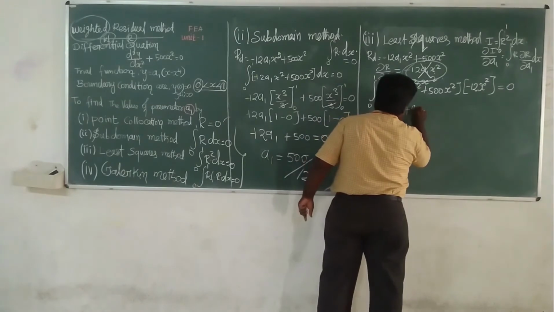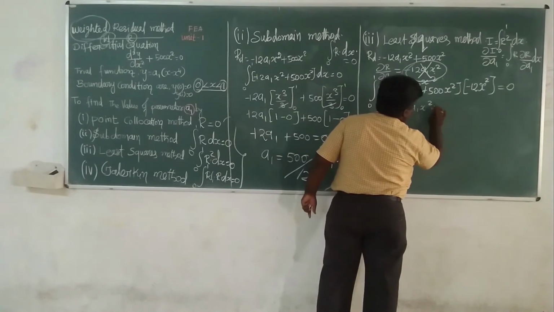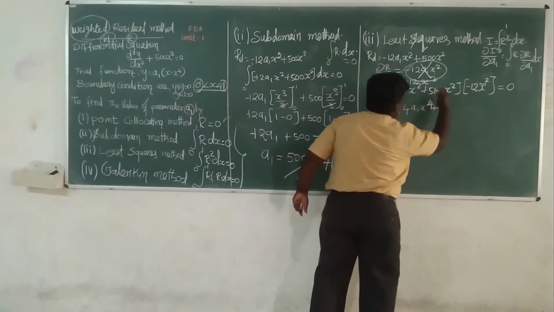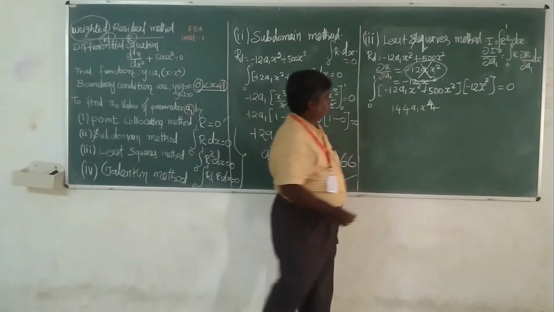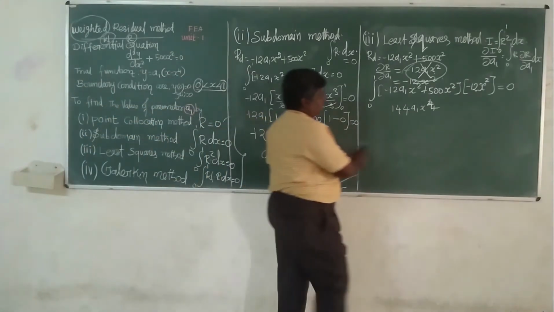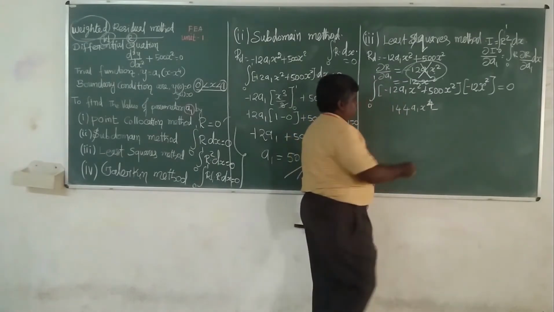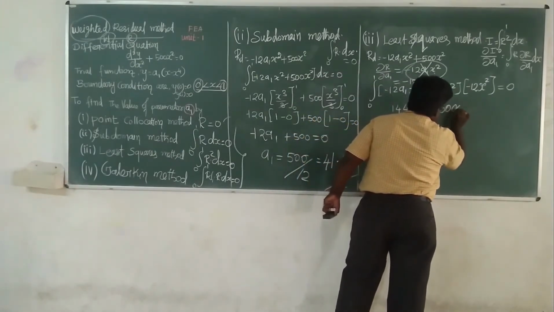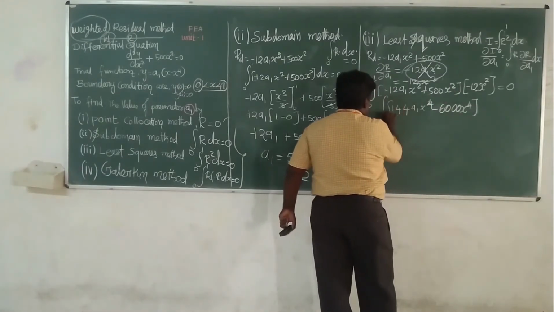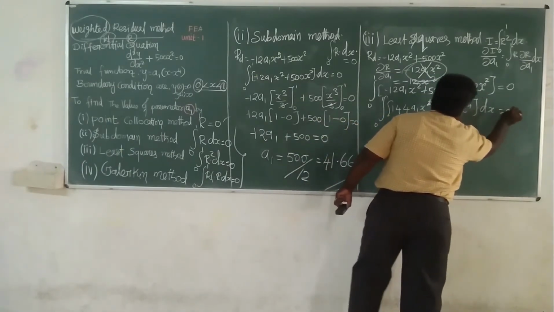So 144 a1 x square plus x power 4, then 12 into 500 minus, so minus 6,000 x power 4. So the integral with limit 0 to 1, then dx equal to 0.